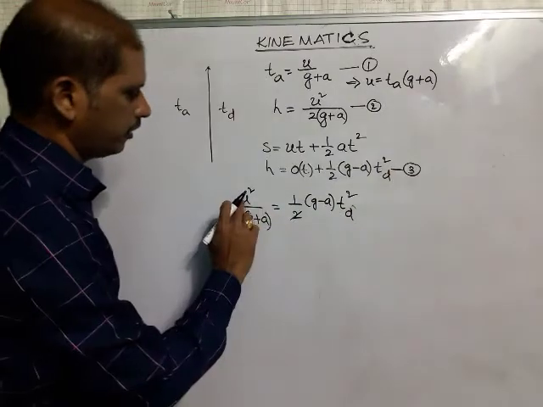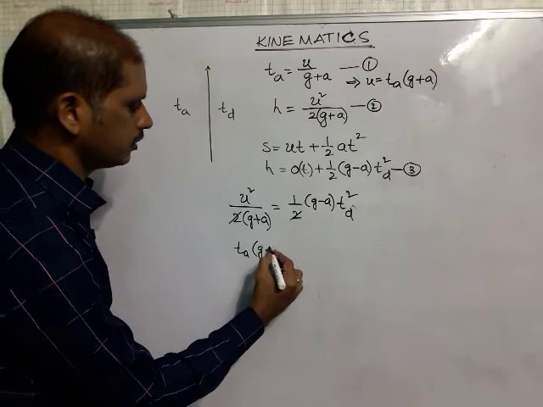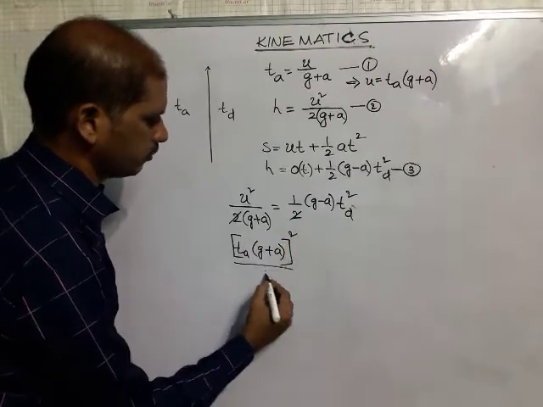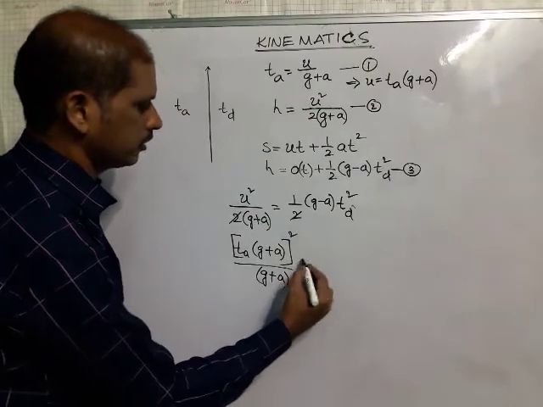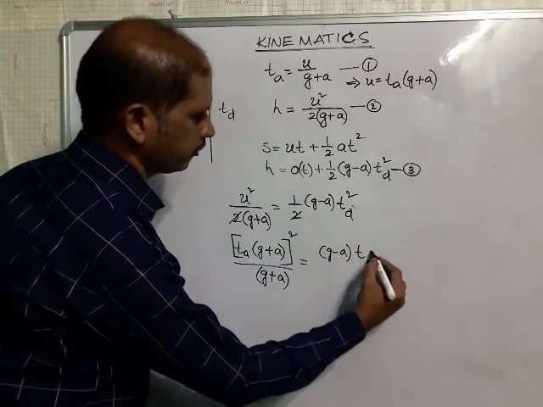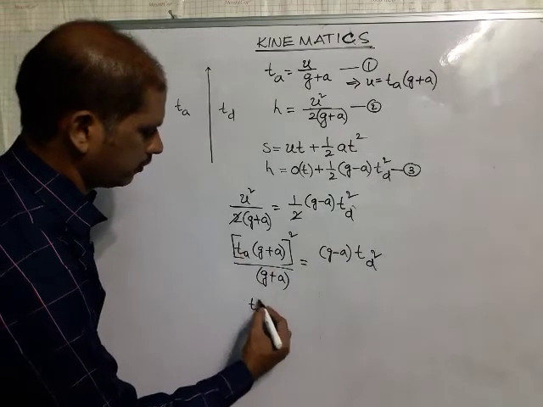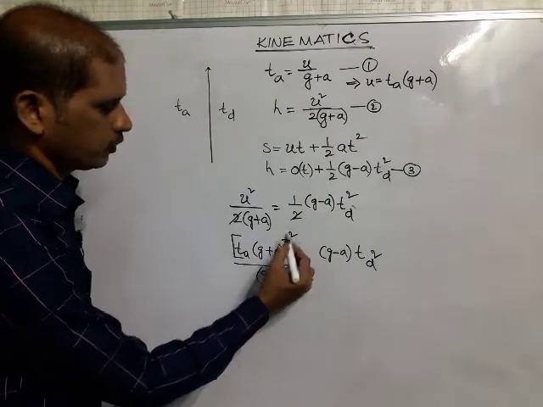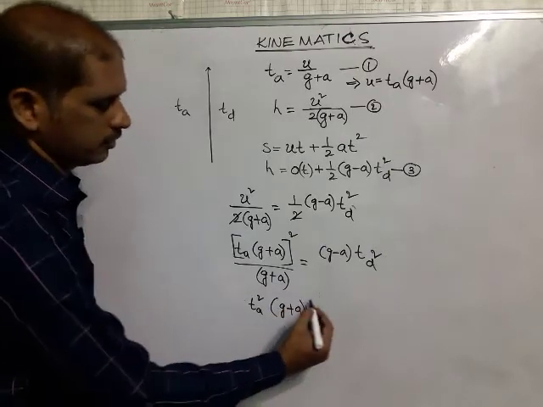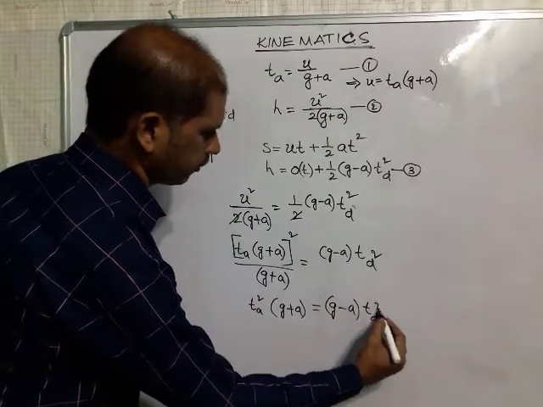Substitute this value instead of u. So instead of u, Ta into g plus a, whole square, by g plus a, is equal to g minus a into td square. Here Ta square into g plus a whole square by g plus a: one g plus a is cancelled, and what remains equals g minus a into td square.